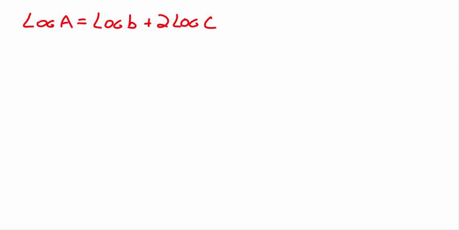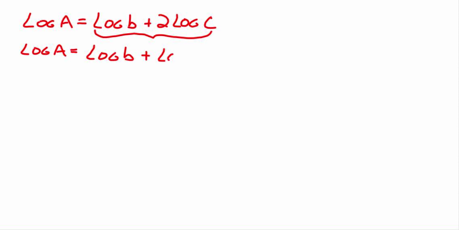We're going to consolidate this side first into one logarithm, and then take everything to the same base. Actually, before that, we need to take care of this 2. So we've got log of b plus log of c squared. So we get that 2 out of there.